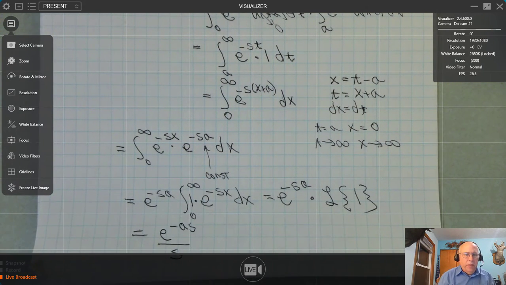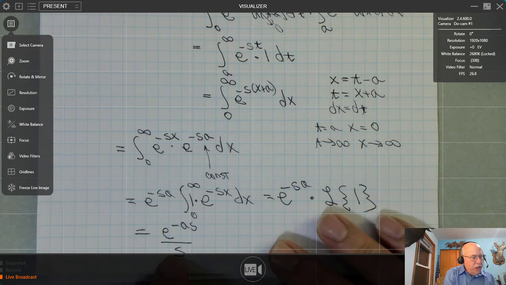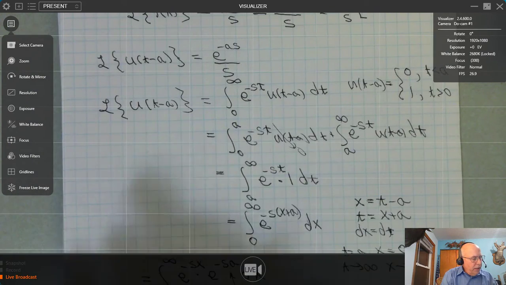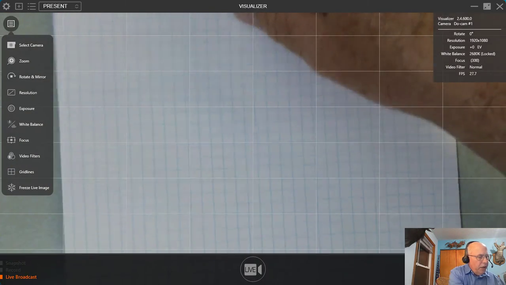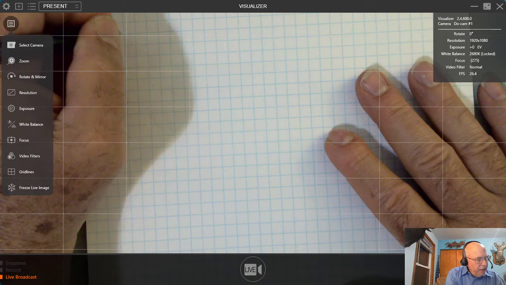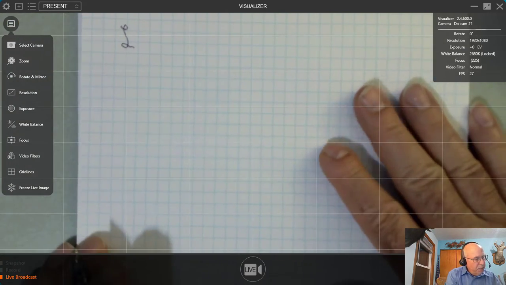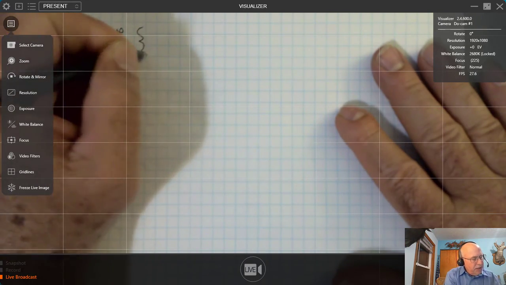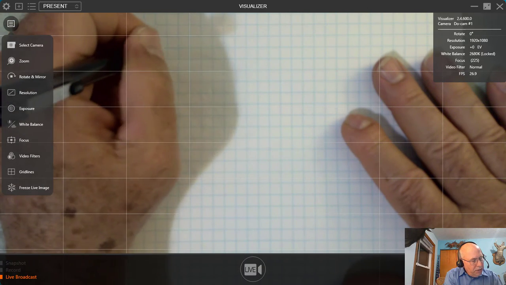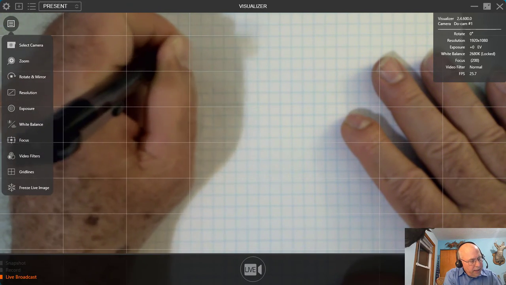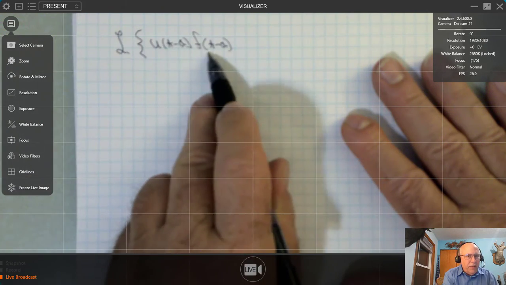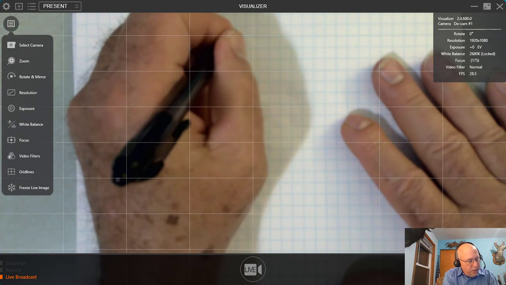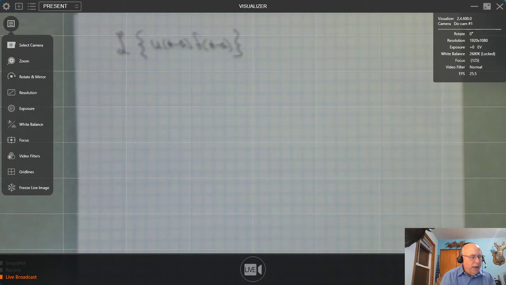Now that is great if you're just transforming the unit step function all by itself. But what we would like to know is this other formula that has appeared in the table. If you have u(t minus a) times f at t minus a, and we're going to assume now that this is an f that actually has a transform, that you get a finite integral, what is that equal to?